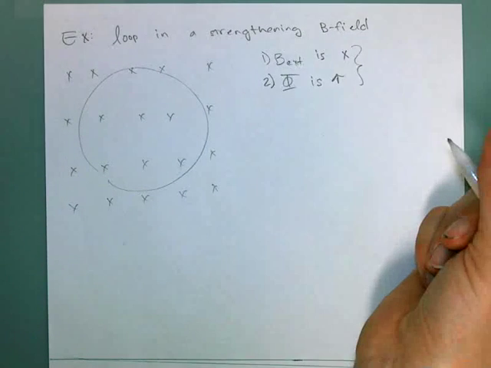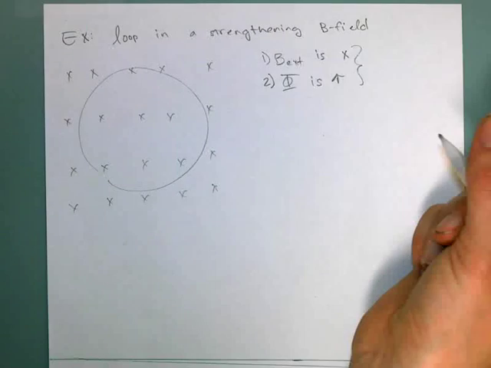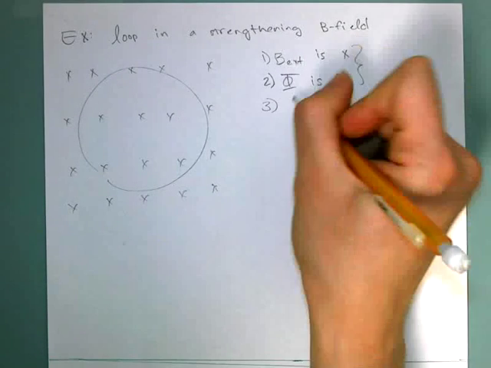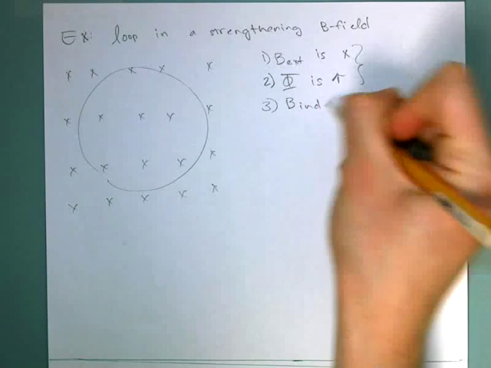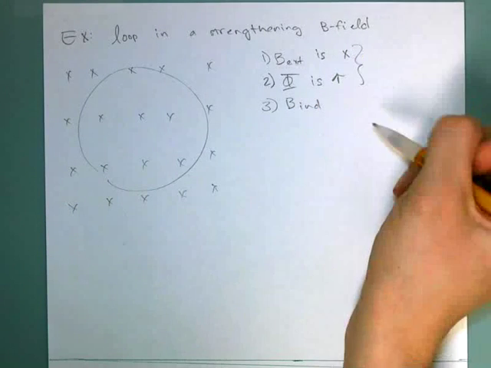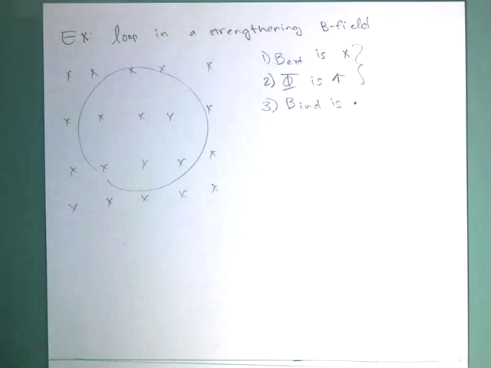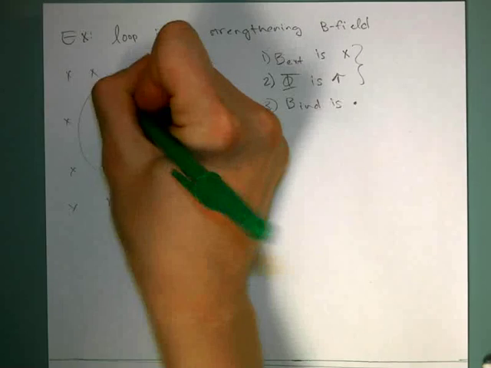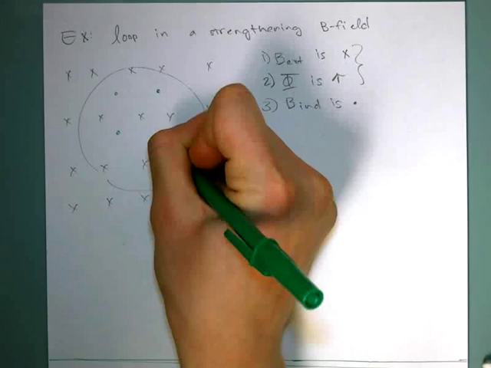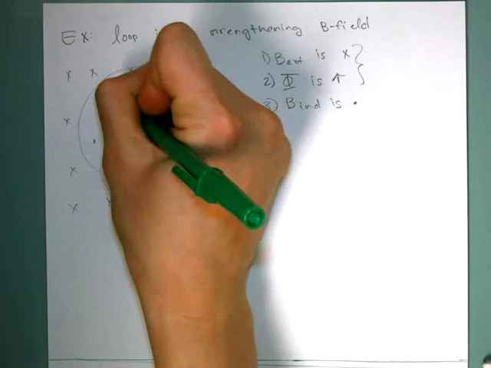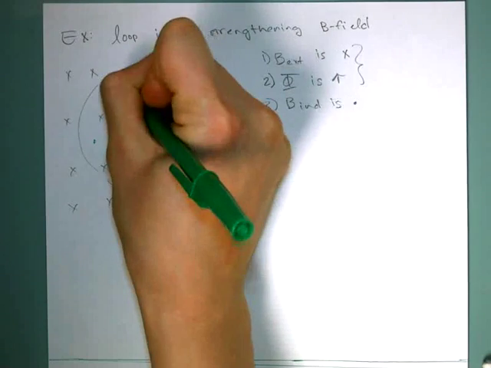So Lenz's law says that the induced field will oppose that change. So the induced field must point in the opposite direction to the external field. So that is that way. So let's draw that like that. And there is my B induced. It looks like that.